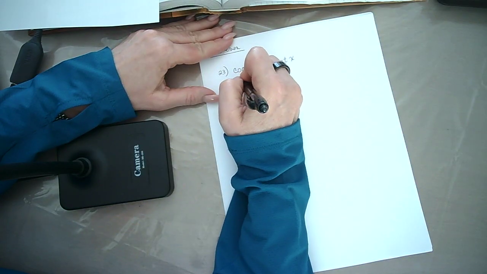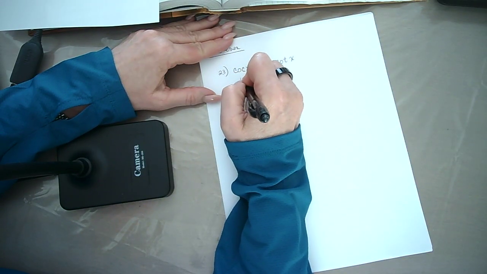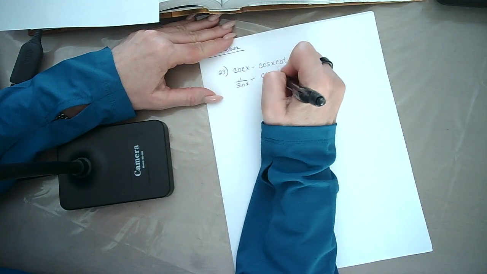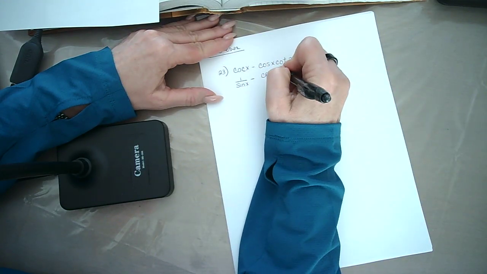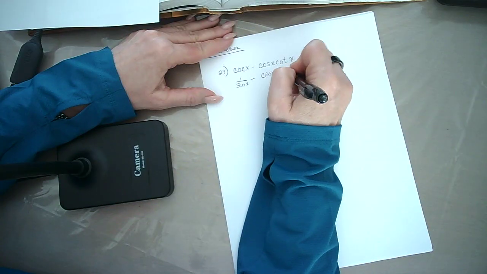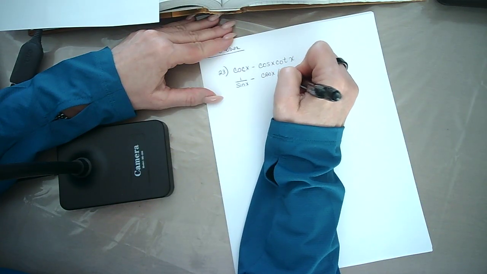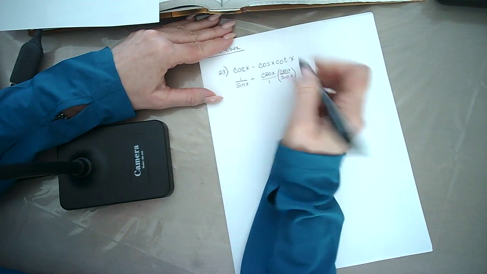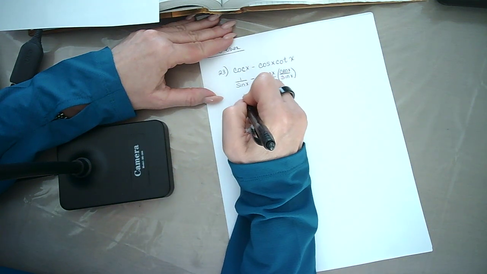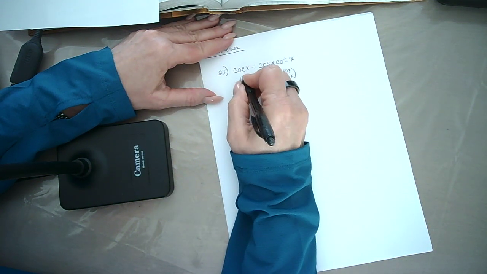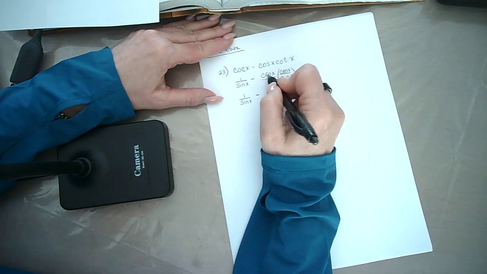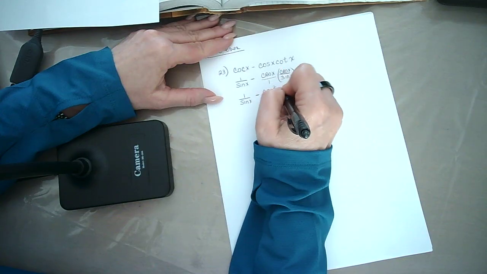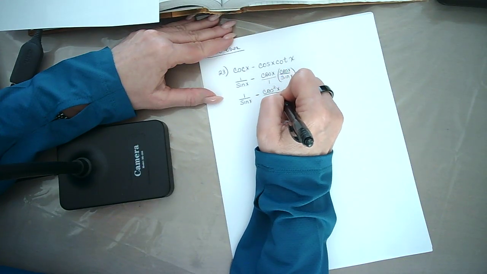So cosecant is really 1 over sine x minus cosine x times, I'm going to rewrite cotangent as cosine over sine. Now, I can multiply these together, okay? They don't need a common denominator, and I'm going to get 1 over sine x, I'm just recopying the first fraction, minus cosine times cosine is cosine squared x over sine x.